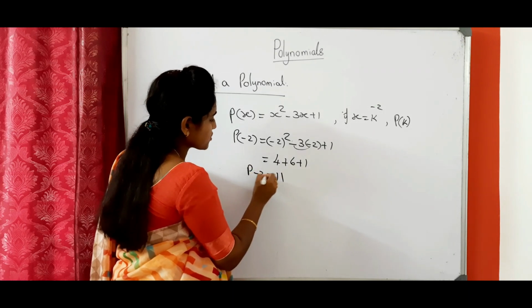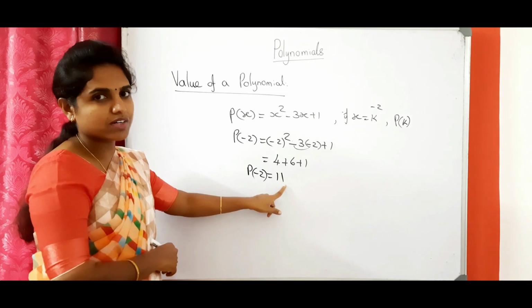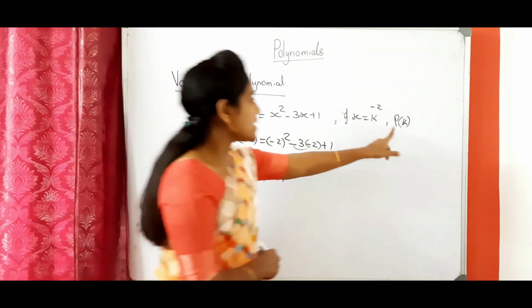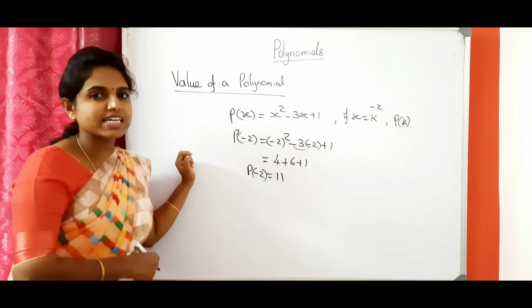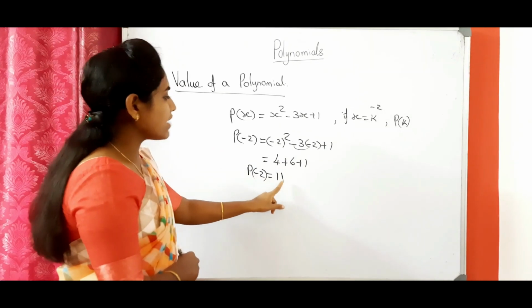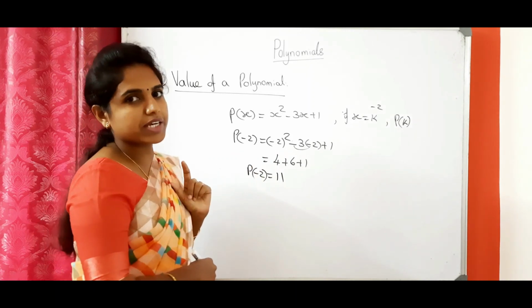So, p of minus 2. Here, what is the value of this polynomial? 11. P of k is the value of the polynomial. So, 11 is the value of this polynomial if k equals minus 2.